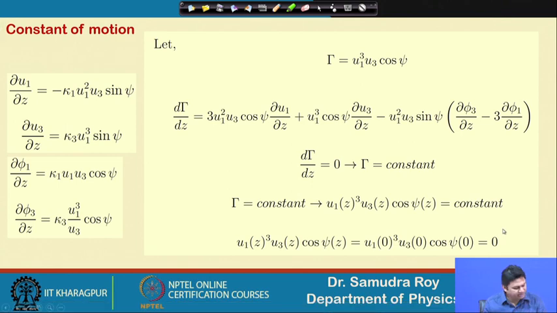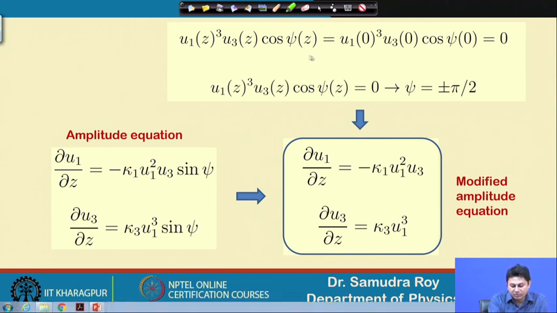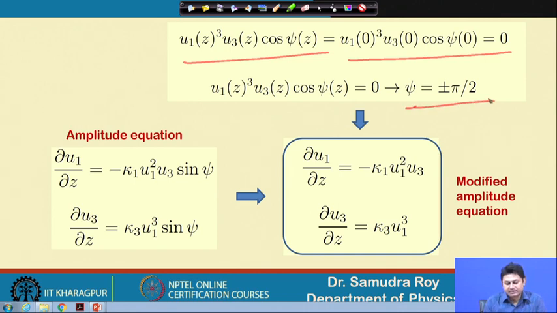So, now we have a very interesting expression. This is exactly the same treatment that we have already done in our second harmonic generation. From here we find that this quantity is 0, and u1 and u3 are changing. So, cos of psi has to be, the phase relationship has to be some constant value, and if it is 0, then it leads to the fact that psi is equal to plus or minus pi by 2.